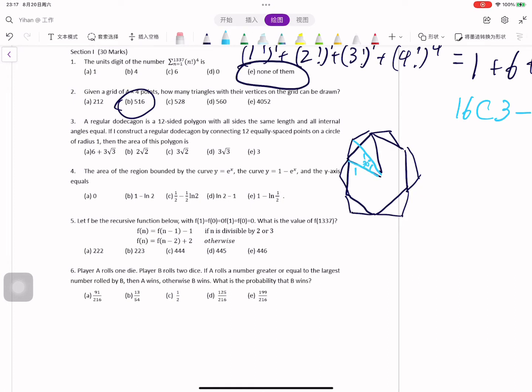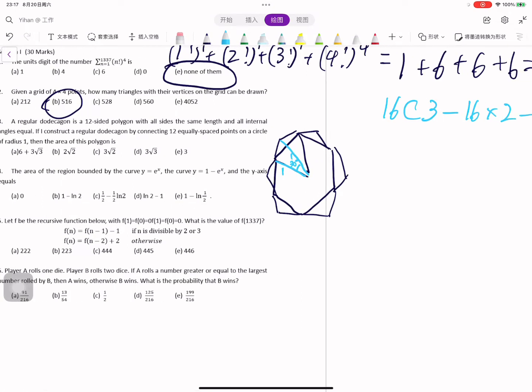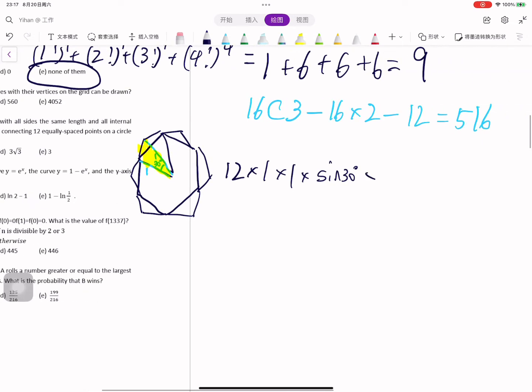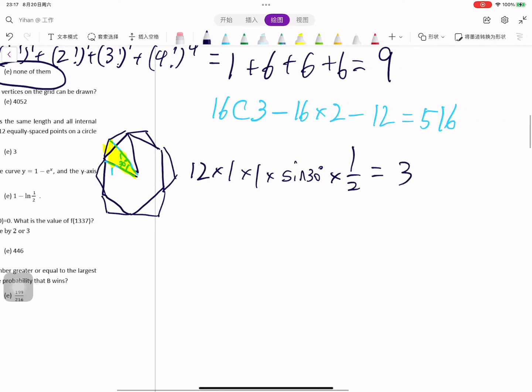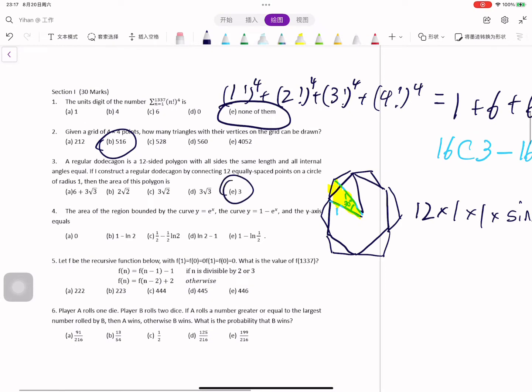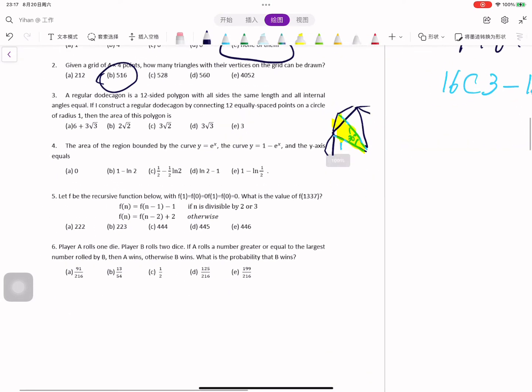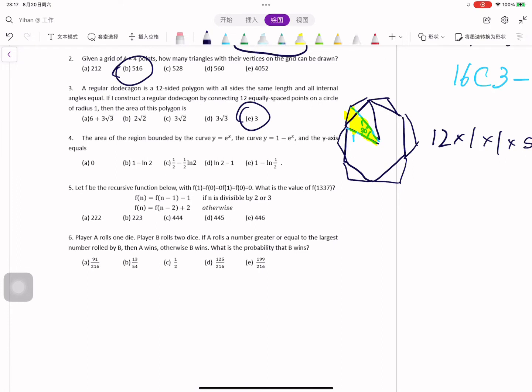This is also 1. So we just calculate this triangle's area and then times 12. So the answer is 12 times 1 times sine 30 degrees, and then times 1/2 because this is a triangle. So the answer will be 3. And yeah, it's E.